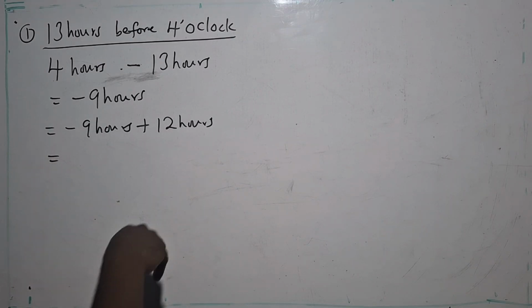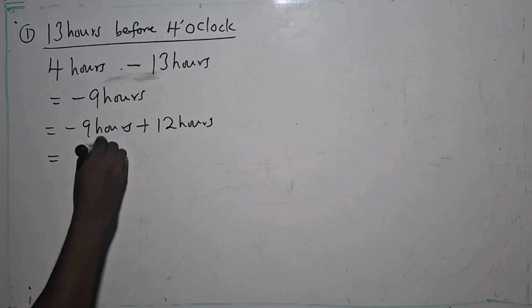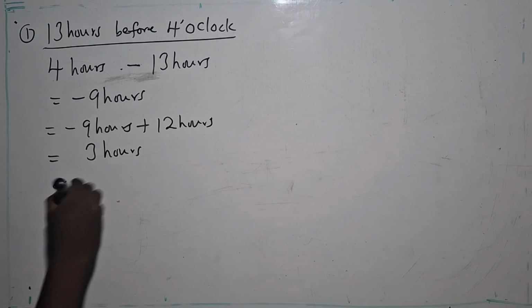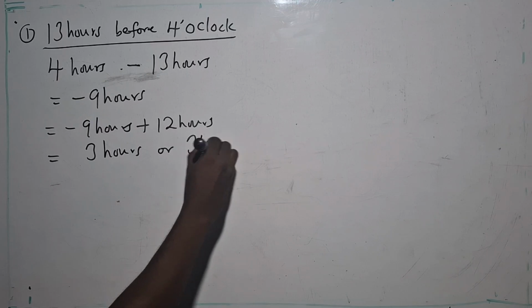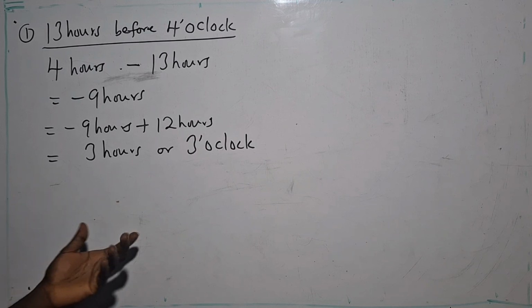Negative 9 plus 12 will give positive 3, which is accepted in mode 12. So we are going to get 3 hours or 3 o'clock. Yes, at this point, 3 hours represent 3 o'clock. And it makes sense too.